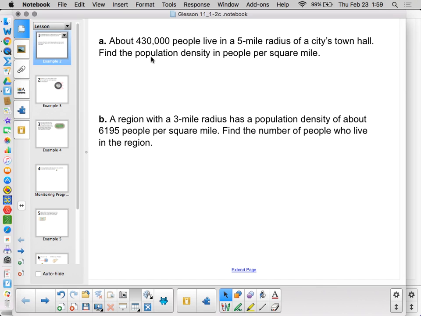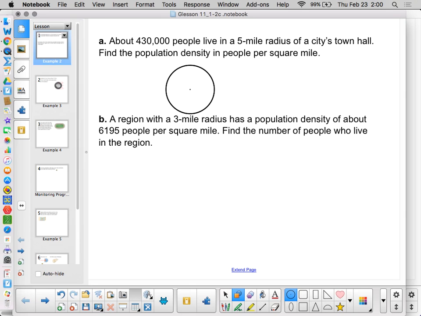It says about 430,000 people live in an area of a 5-mile radius of a town's hall. Find the population density in people per square mile. Well, first off, we have to find the area. How many square miles are in this circle? So, area of a circle problem, pretty straightforward.